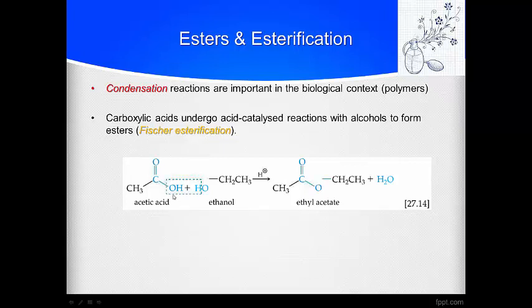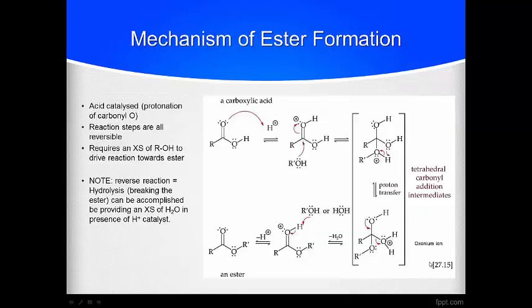So we've got our acetic acid, for example, and we've got our ethanol, so this OH should be attached to this carbon chain here. And under acidic conditions, we have our ethyl adding on to our carboxylate, and we have H2O being formed. So the mechanism for this one is a little bit more detailed.